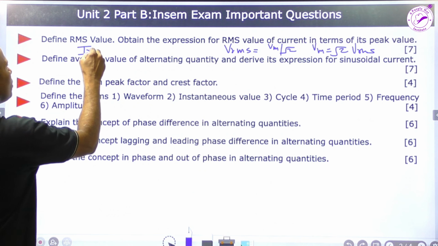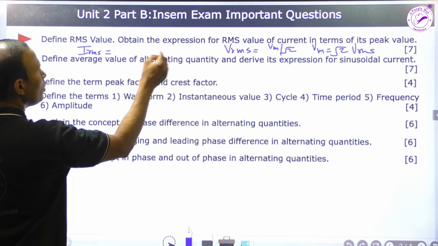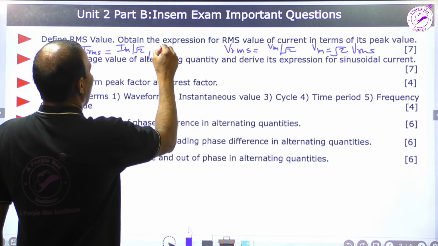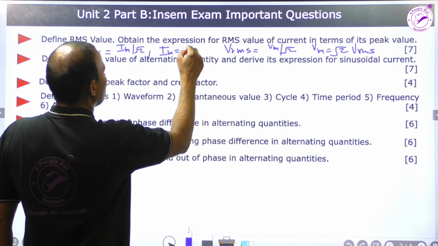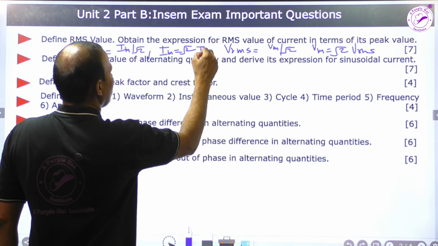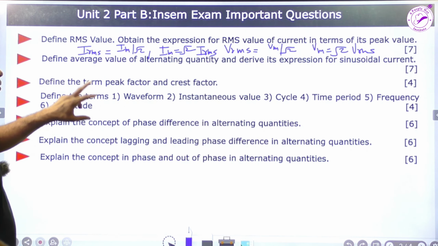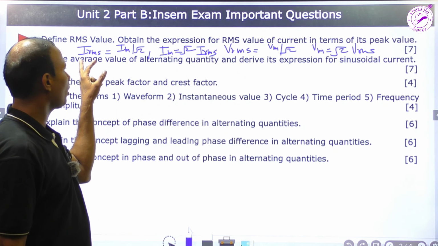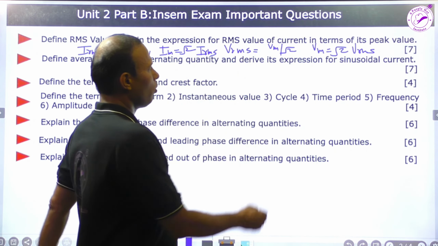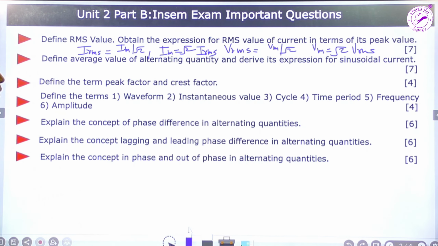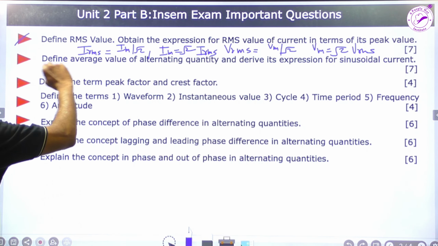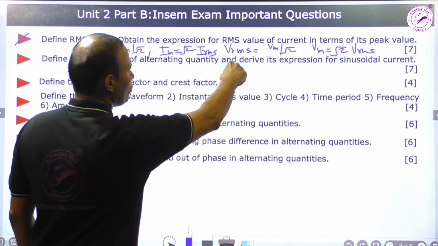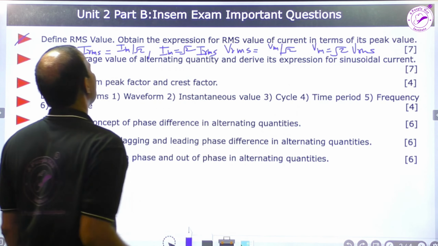So Irms is equal to Im by root 2, and similarly Im is equal to root 2 times Irms. Sometimes the university can ask for the RMS expression for voltage, sometimes for RMS current. So you have to prepare for any; just replace the variable current with voltage, voltage with current. So this is one expression, RMS value in terms of maximum value: RMS value is equal to Vm by root 2.